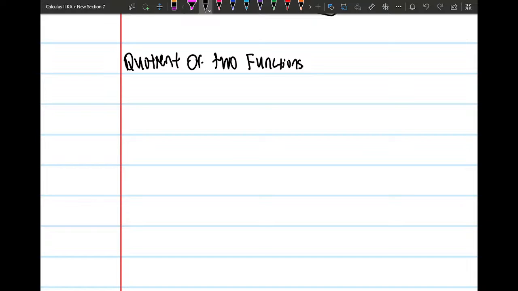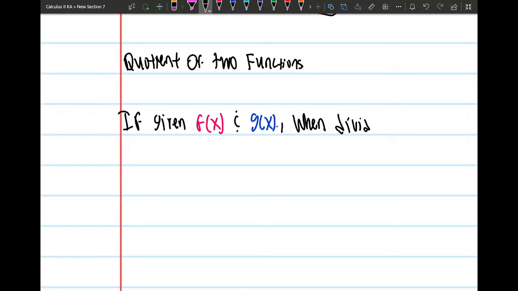If given f of x and g of x, when dividing, the following must be true.